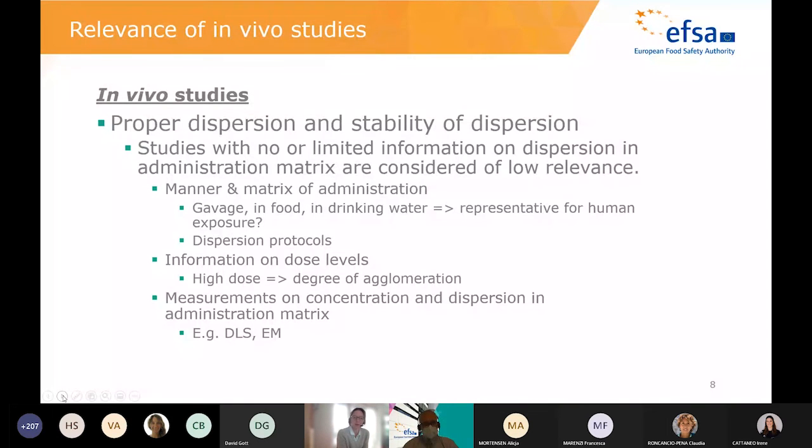In addition to that, it's important to have a proper dispersion and stability of the dispersion. So also here, studies with no or limited information on this dispersion are considered of low relevance. And this relates to the manner and the matrix of administration, like whether it's in gavage, in food, in drinking water, and it should be representative for human exposure, but also covering all kinds of exposure scenarios.